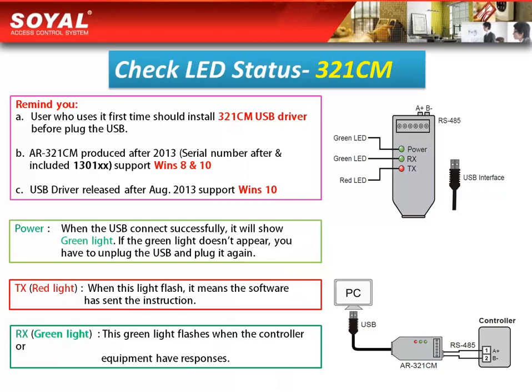Next, the TX light. The TX light is a red light flash, and it means the software has sent the instruction. The third one is the RX green light. This green light will flash when the controller or equipment has responses.